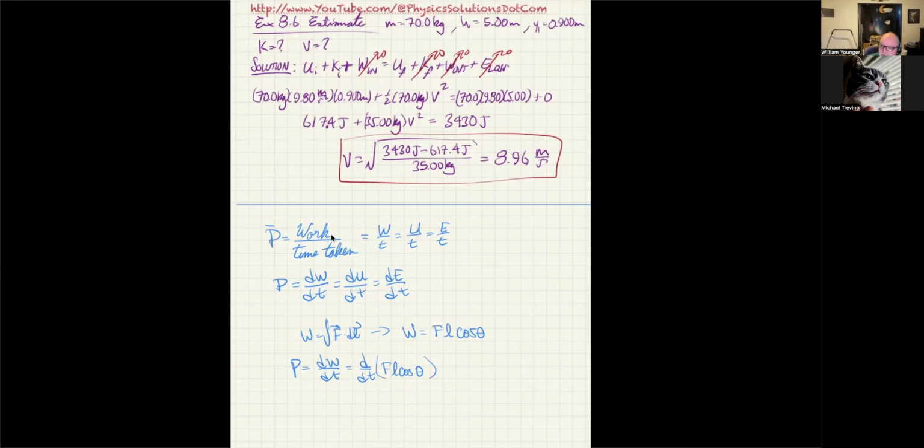But remember, the magnitude and the direction of the force are constant, so F and cosine theta are constants. We just get F cosine theta times dL/dt. But dL/dt is just velocity.